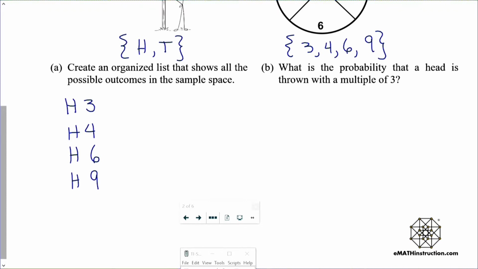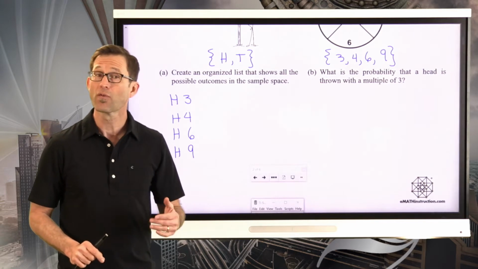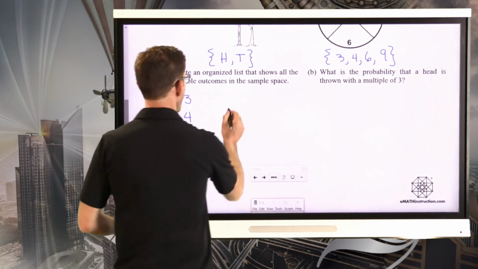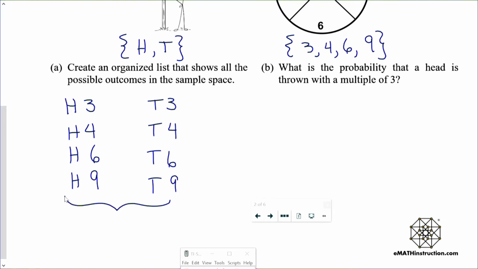Those are all the things that could possibly happen if I toss a head on my coin. But of course, I could also toss a tail, and then I could get a 3, a tail and a 4, a tail and a 6, a tail and a 9. And notice, I have a total of 8 equally likely outcomes.